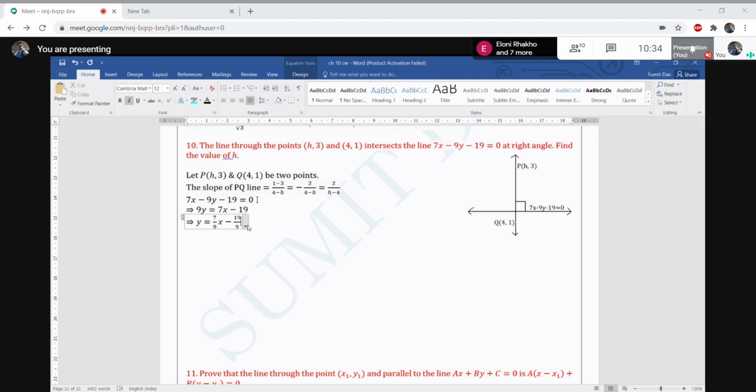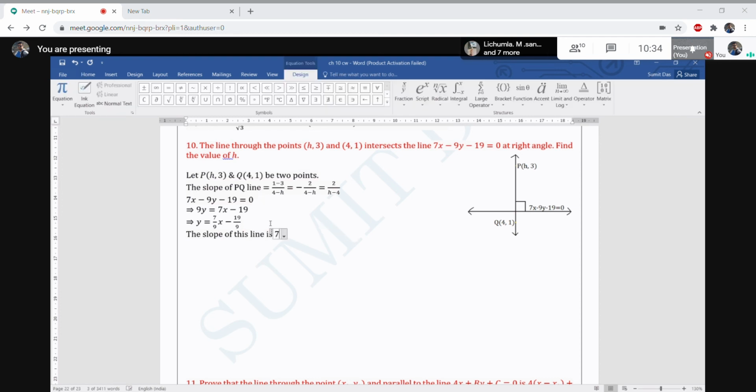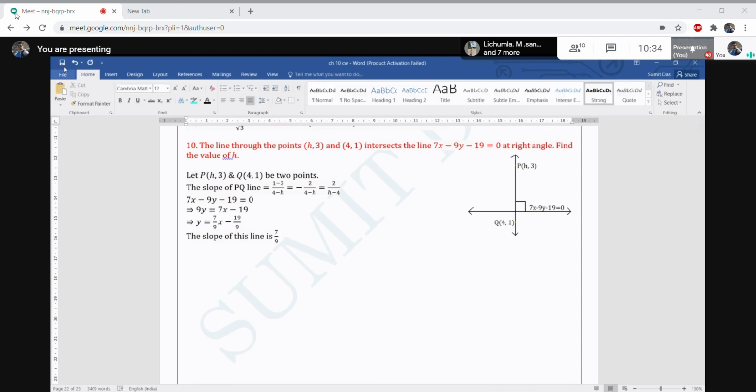If you simplify, what is the slope of this line? The slope of this line is 7 by 9. As per the question, this one multiplied by this one equals -1 because they are perpendicular.